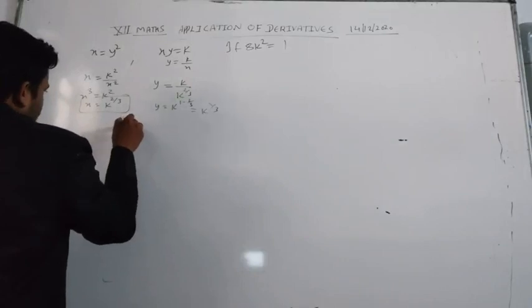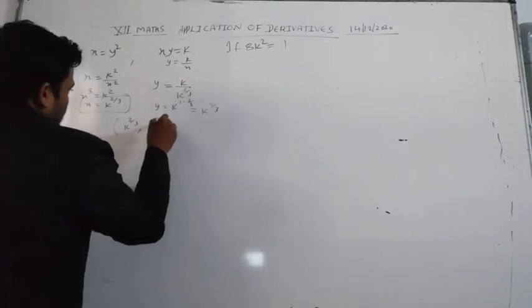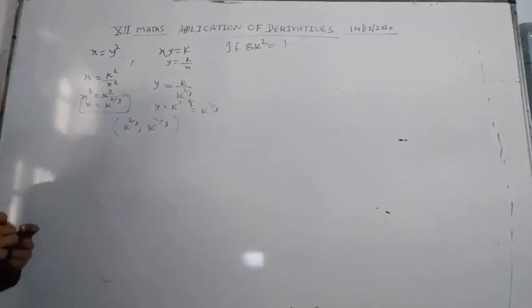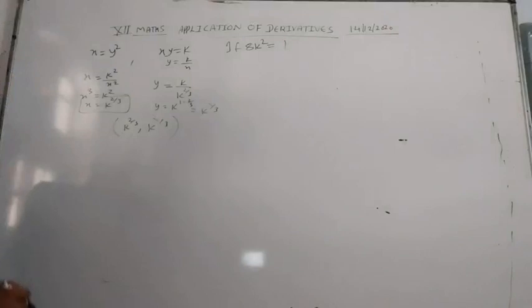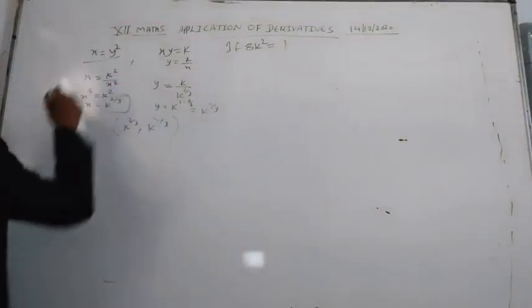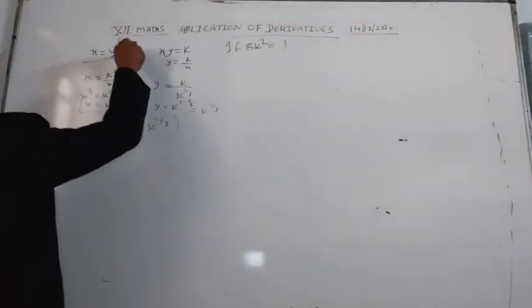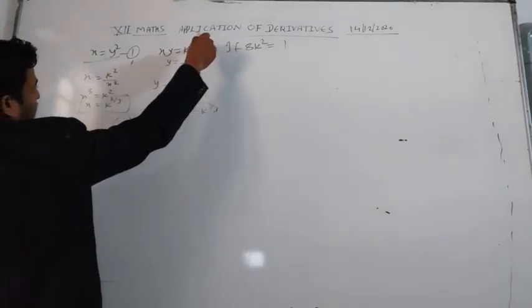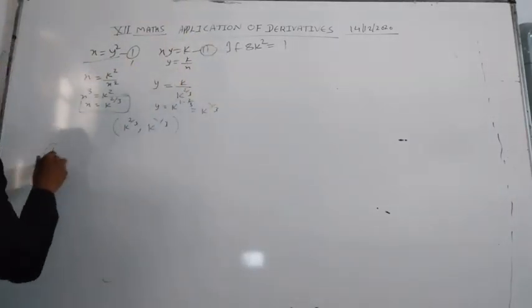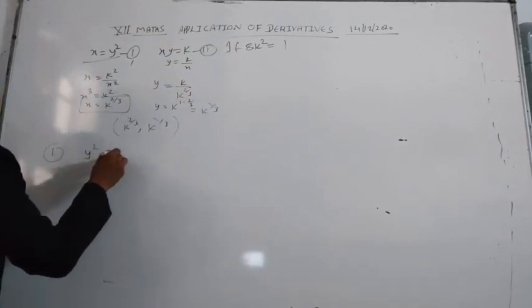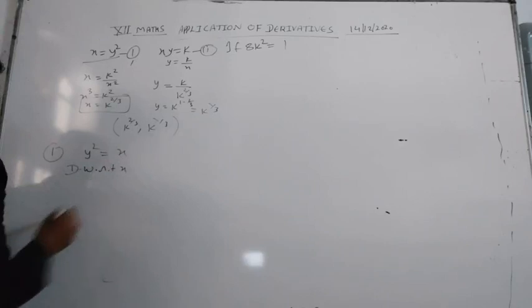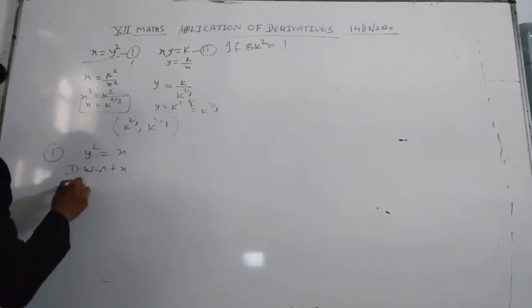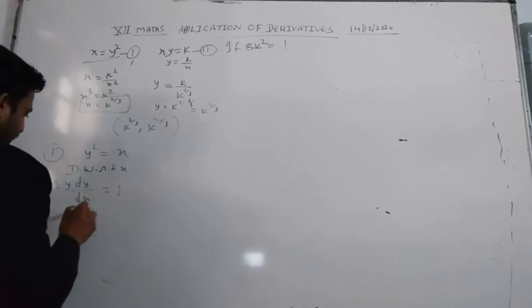So our point of intersection of these both curves is k to the power 2 by 3 and k to the power 1 by 3. Now we will take the first equation and this is the second equation. So the first equation is y square is equal to x. Now differentiate this with respect to x. So 2y dy by dx is 1.